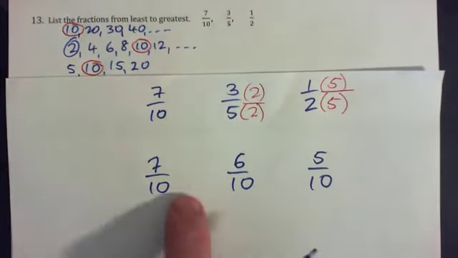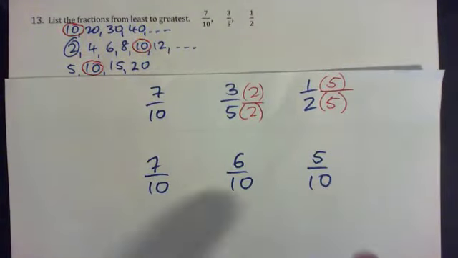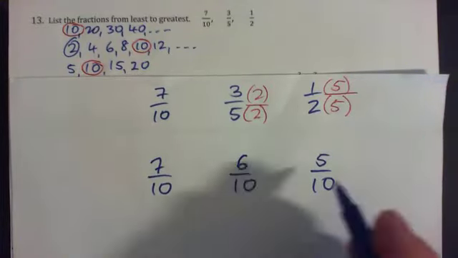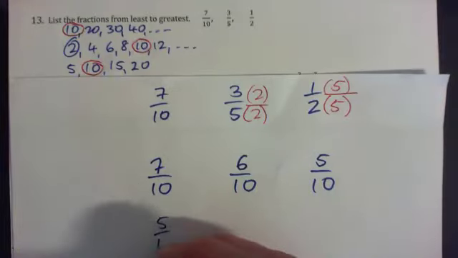But this time now we have converted all of the fractions into tenths, and so we can compare them to see which is smaller and larger. So list the fractions from least to greatest means list them from the smaller one to the larger one. What's the smallest fraction here? 5/10, right?